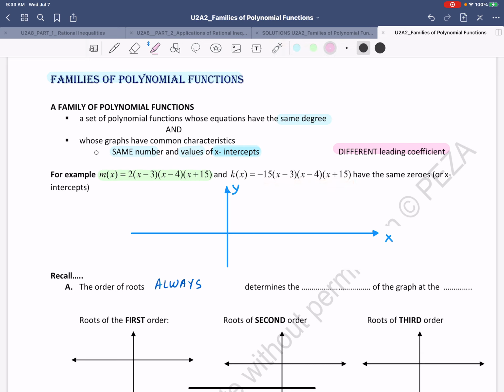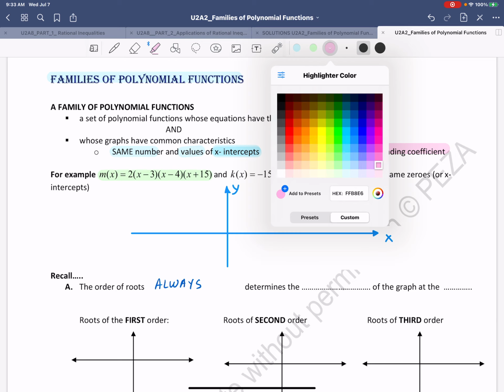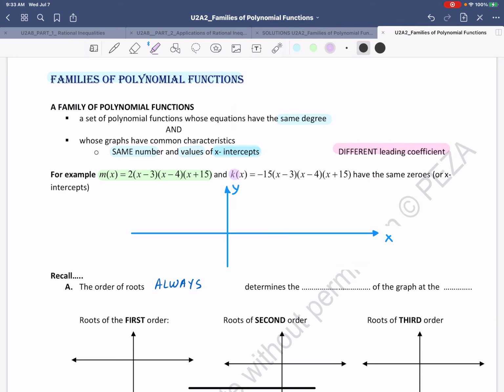So as you can see in here, we have two equations in factored form, and if you look at it closely, you notice that the factors in each equation are the same. So we have x minus 3, x minus 4, and x plus 15, which means that the roots of this equation or the x-intercepts will be the same.